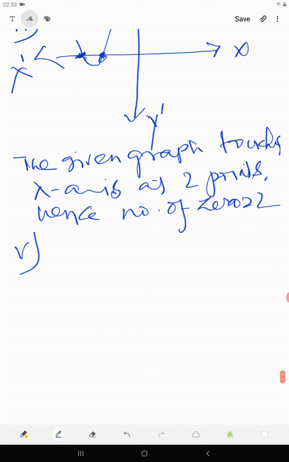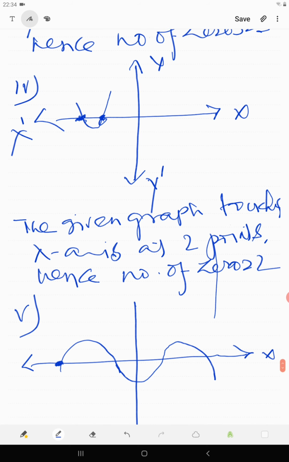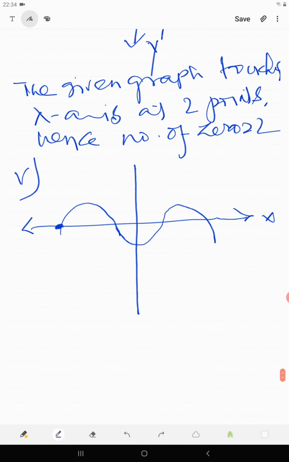Next, the fifth one. So the fifth one is like this. It is like a sinusoidal wave. Let's write x dash, y and y dash.